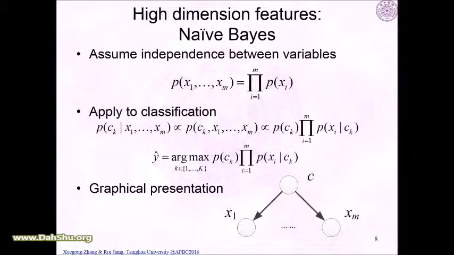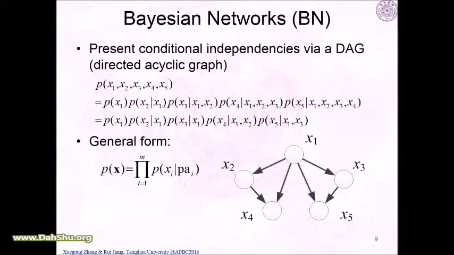So the density of the feature in class 1 depends on the class. In class 2, the density of the feature also depends on the class label. So this can be represented in this graph. And this leads to the more complicated graph of the Bayesian network, which is a graphical representation of the dependence between multiple variables.